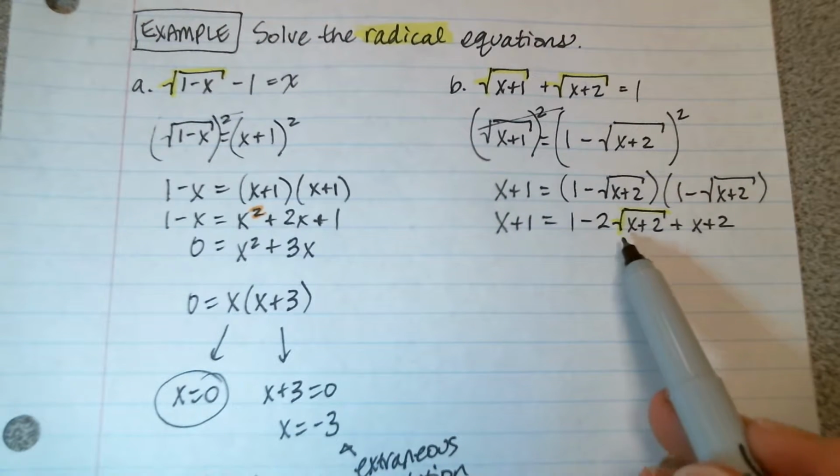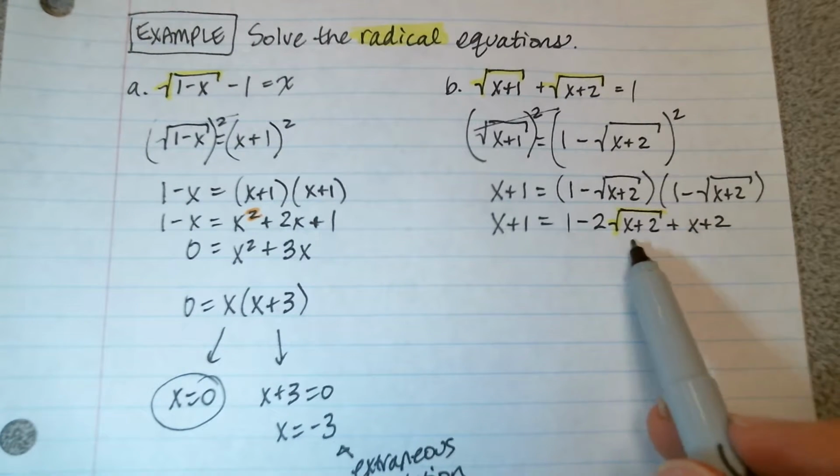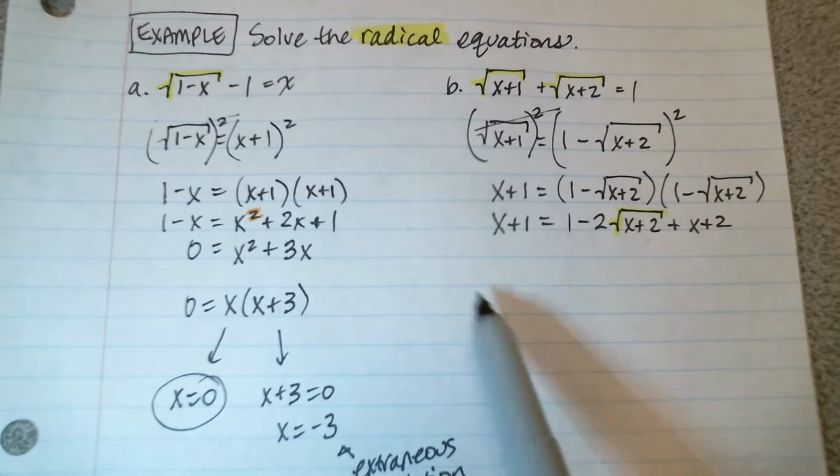I need to isolate this one radical right here and then square both sides.